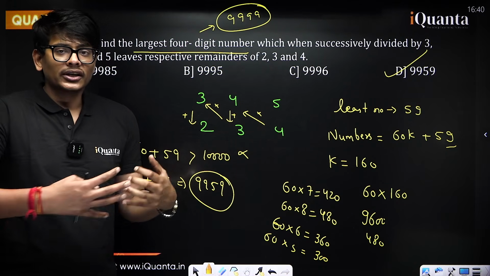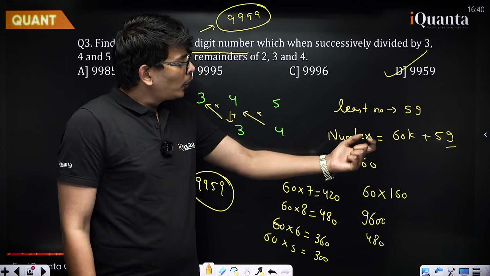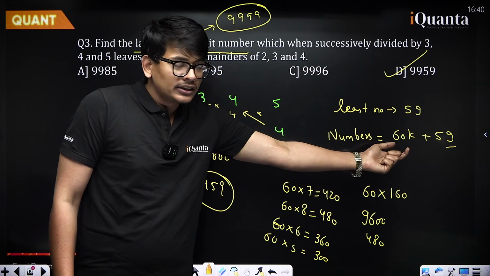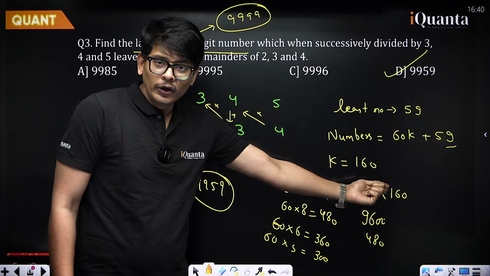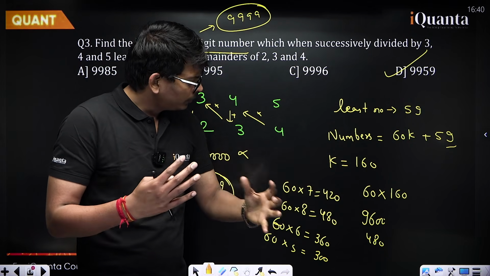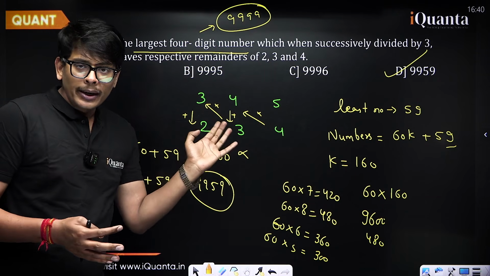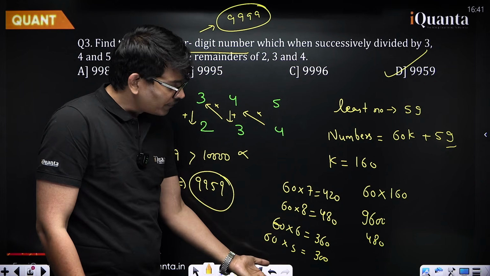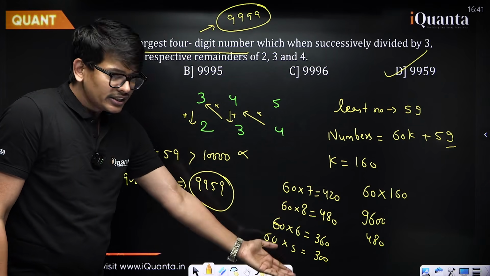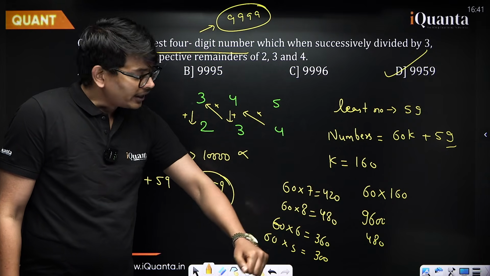What if options are not given? Then you have to do the hit and trial. You have to take a multiple of 60 which is nearer to this. So what I did, 60 into 160, I got 9600, but that was not close to 4 times 9. So I read the table of 6 and got a rough idea. I checked for 420, but I was getting an answer more than 10,000.